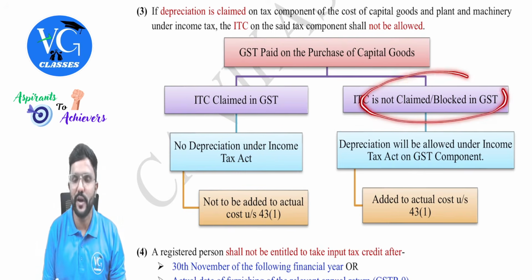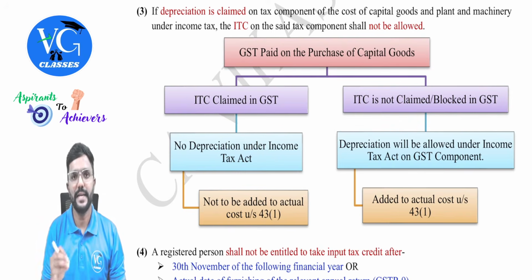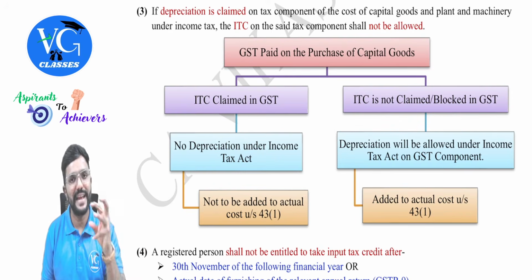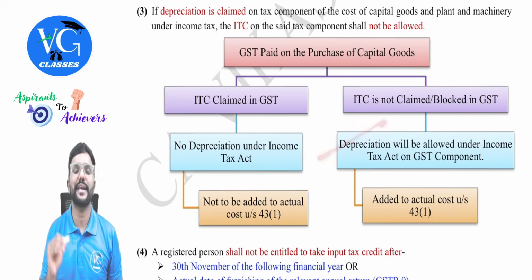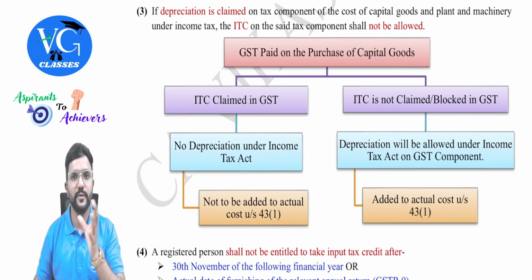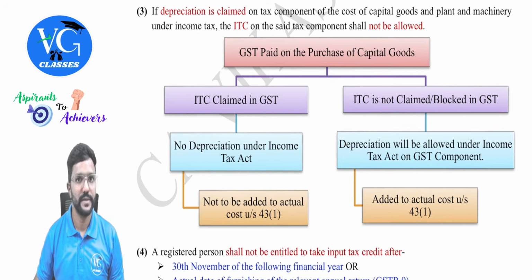Sir, what if credit is blocked or not claimed? In that case, the GST amount can be added to the actual cost of a capital asset which will be used for the business, and it will be added to the block on which depreciation can be claimed over the useful life of the asset, guys. Got it?